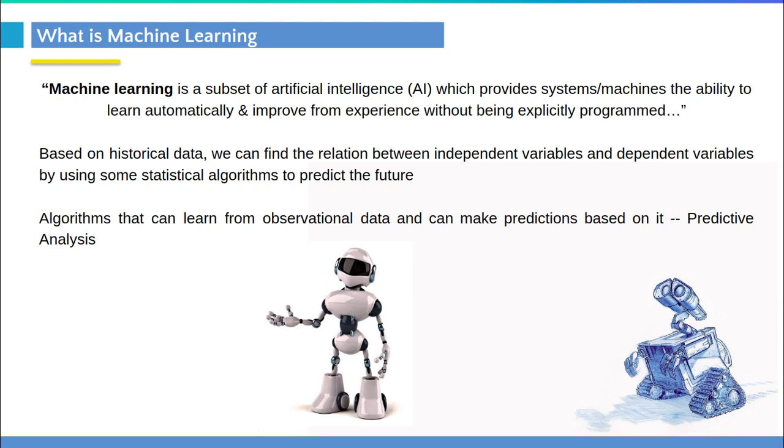So the machine should find out the relationship between the various features or parameters of the data which is available today, so that the same mathematics or logic can be applied on the future data, right? So how accurately we can do that is what we want to achieve, and that's where the model optimization we will be learning going forward.